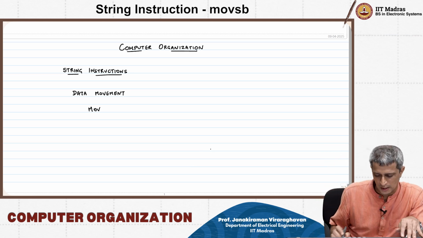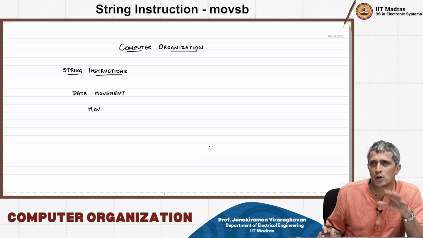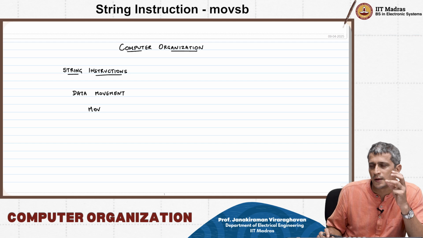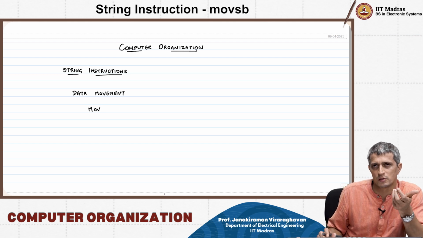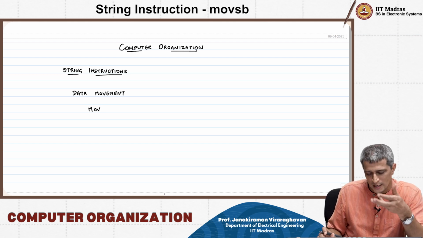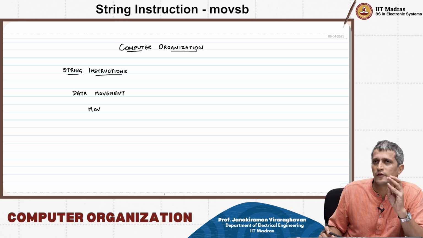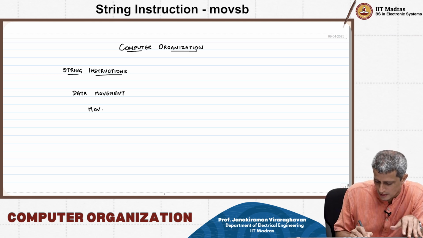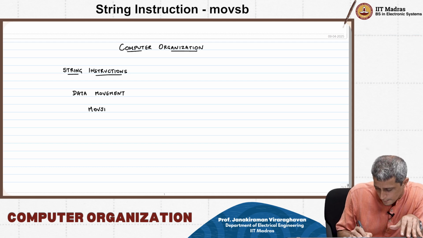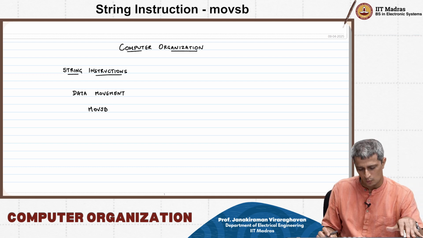But now, like the push and pop, where the registers being used were implicit, like the ESP, the stack pointer, in this case we are going to implicitly use two registers for these specific string instructions. Okay, so the instruction, by the way, is called MOVSB. I'll tell you what this thing is.